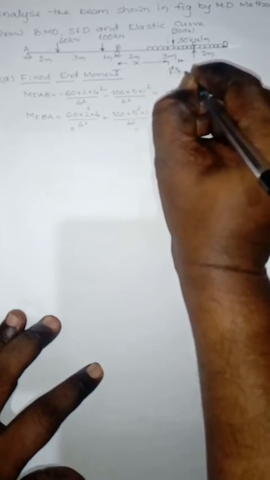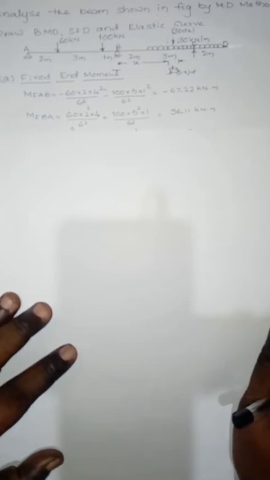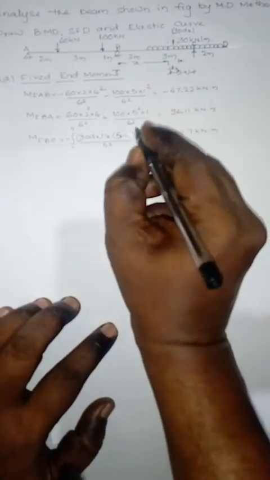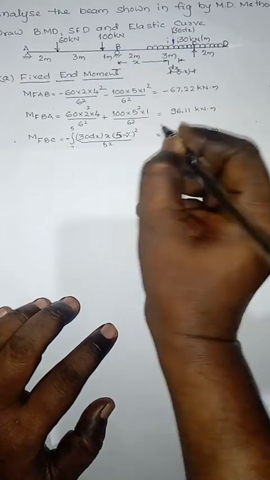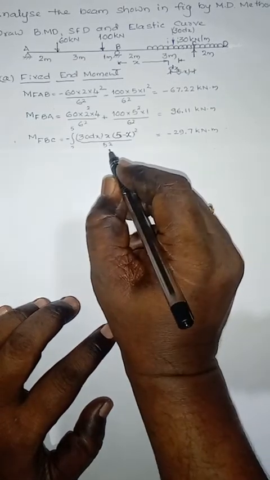Here you have studied how to calculate the fixed end moment due to a point load. Here A is x, B is 5 minus x. Then you have to integrate. Here MFBC equals, that is anti-clockwise, W is 30 dx, A equals x, B square is 5 minus x whole square divided by L square, that is 5 square.